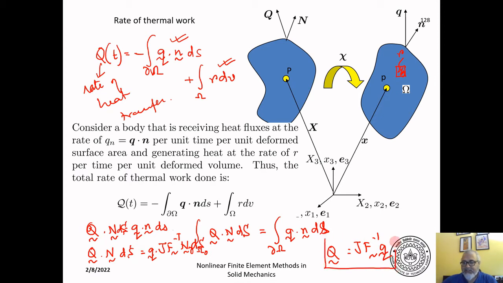So this is the heat flux vector in the reference configuration, derived in such a way that at every small area element d capital S, the heat flux is the same, whether you calculate it in the reference or in the current configuration.